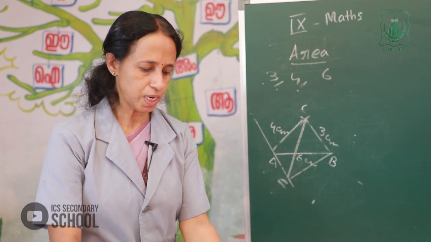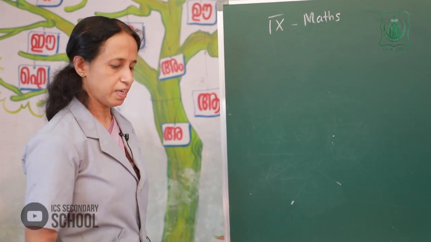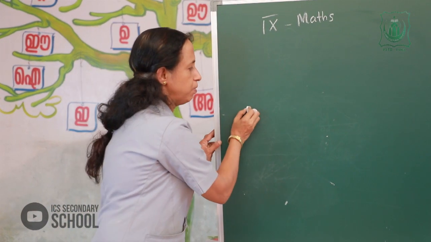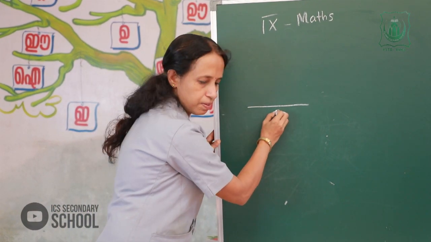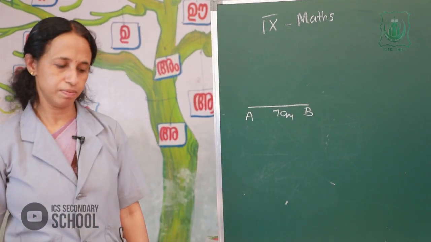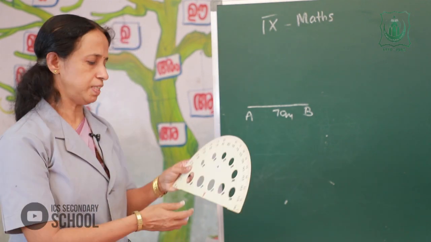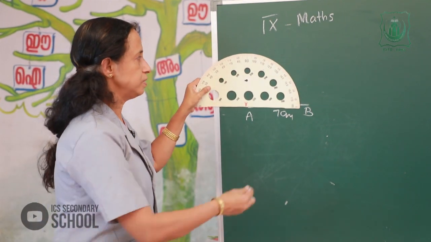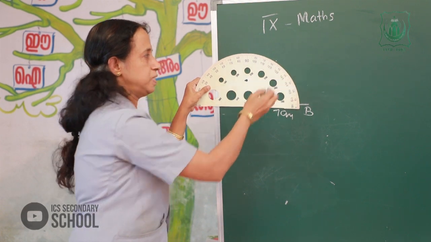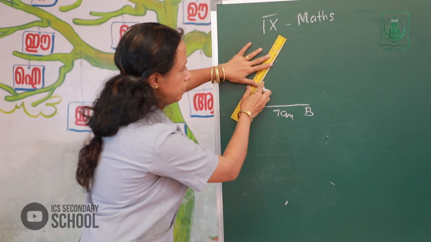First draw this triangle. Second question. Base AB 7 centimeter. Angle at A 60 degree. Take protractor, mark 60 degree, connect.